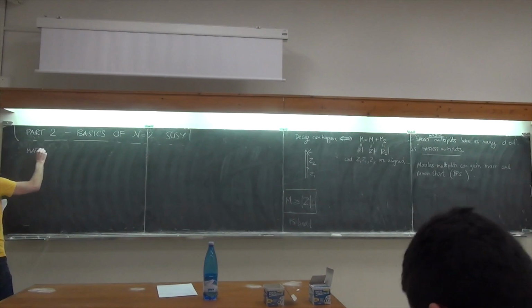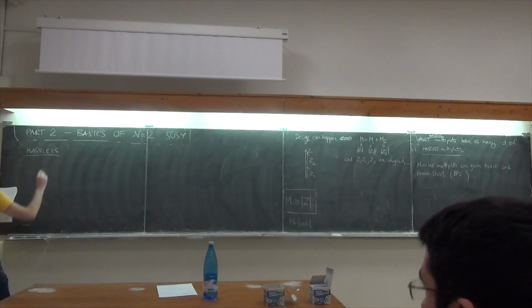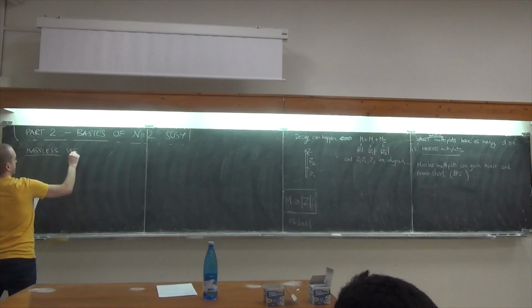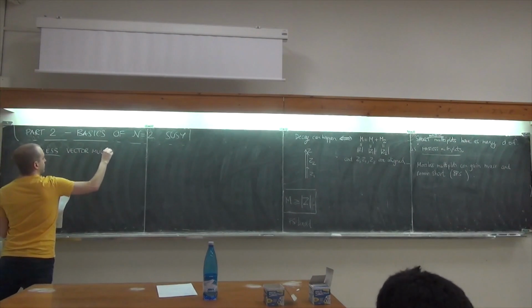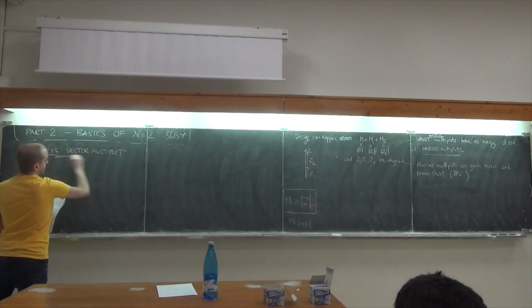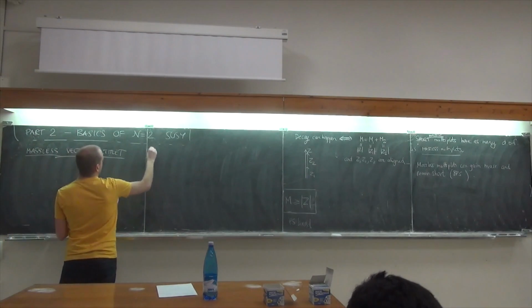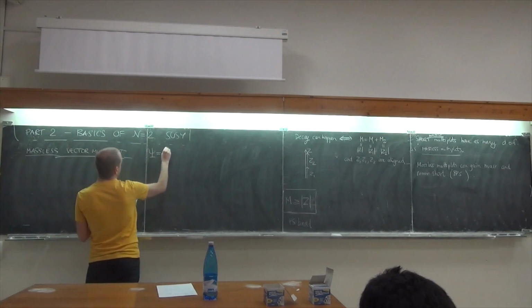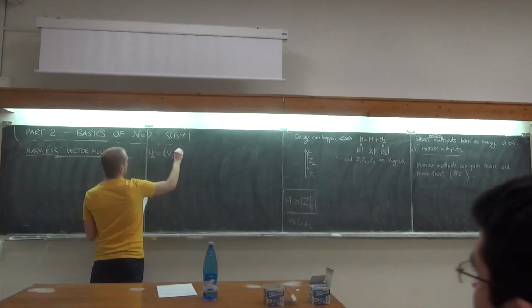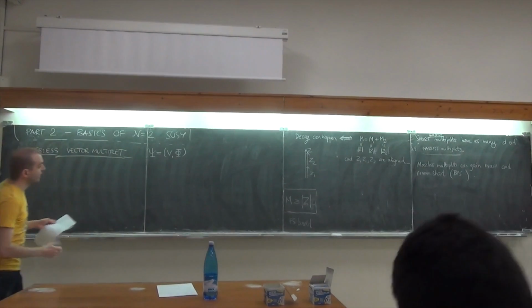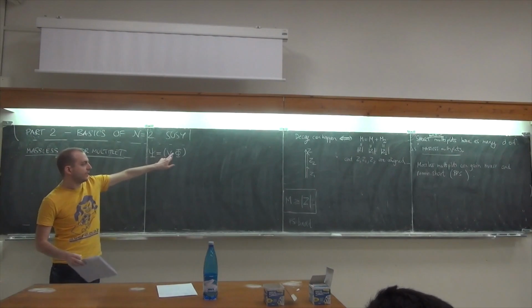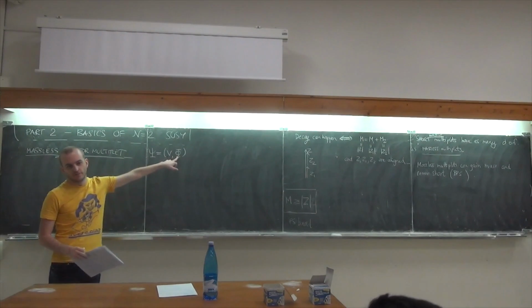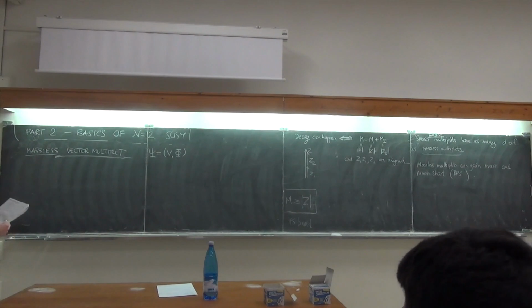I just set the notation. So we have a massless vector multiplet. As I told you, let me call the massless N=2 vector multiplet psi, for reasons that will be clear in the following. And this decomposes into an N=1 vector multiplet B and an N=1 chiral phi in the adjoint representation.